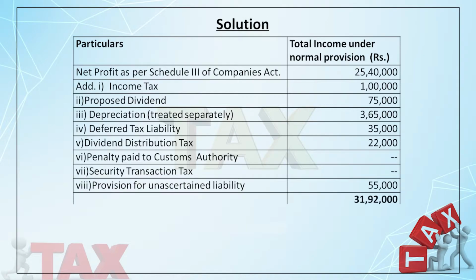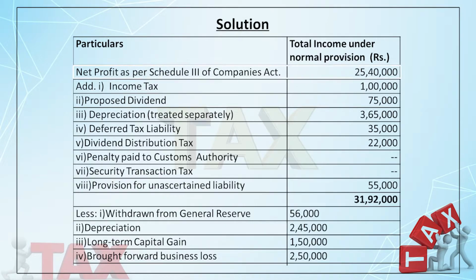Let us see. Prepare the column, and the starting point is the net profit as per Schedule 3 of the Companies Act, that is net profit as per statement of profit and loss, rupees 25,40,000. This is the starting point.